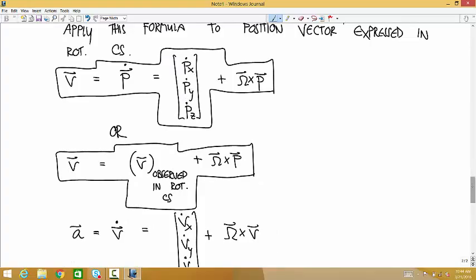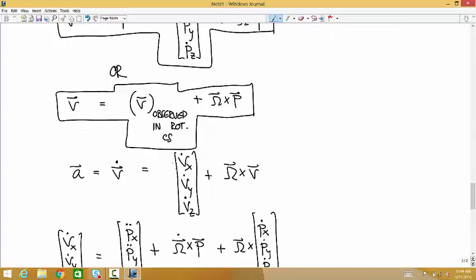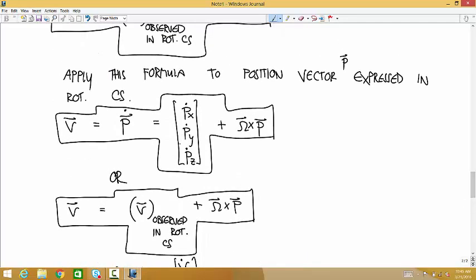Now we're doing capital Omega crossed with the V vector. So we've done Omega crossed with this part. Now we have to do Omega crossed with this part.